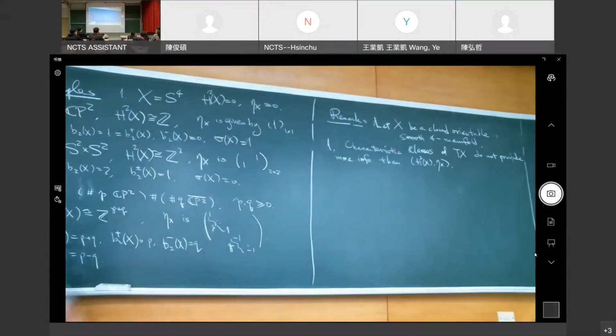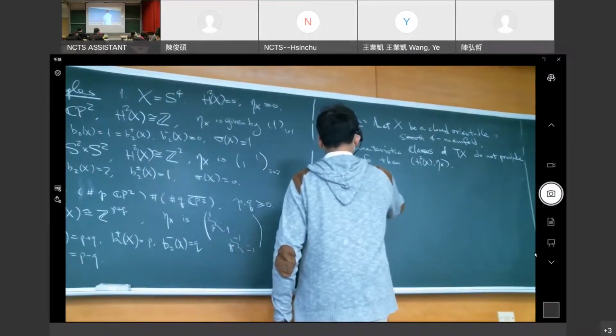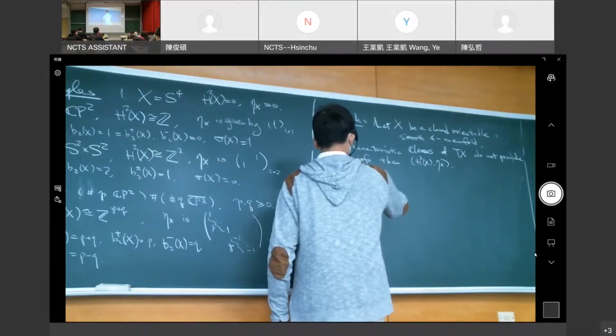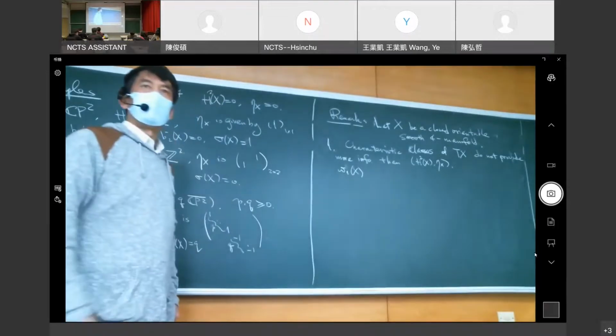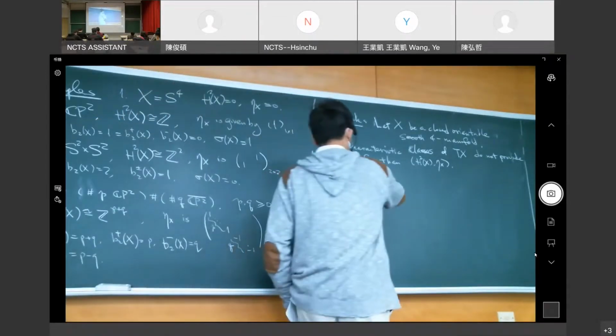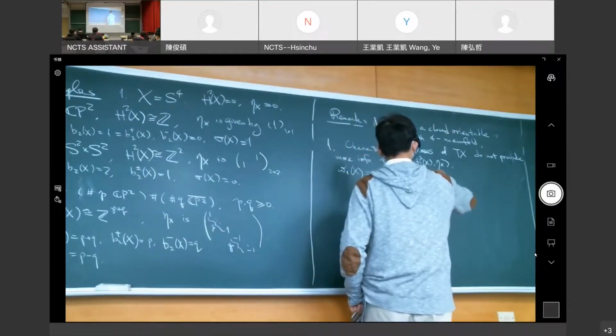So what are the characteristic classes? Well, we have the Stiefel-Whitney classes. The first, w1, is equal to 0. This is because we assume that X is orientable.